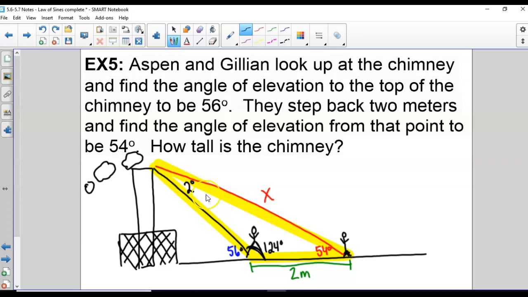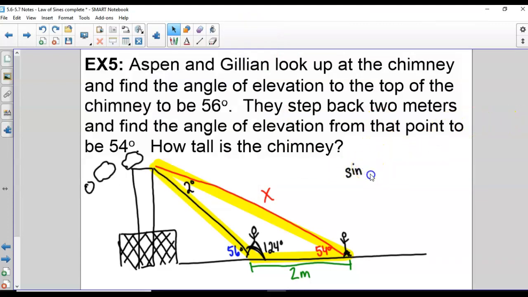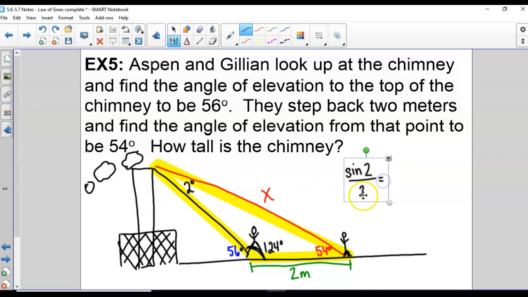So if we look at that big triangle, we could set up our law of sines. We'd have sine of 2 degrees over 2 meters equals, and then if I want to find x, I'm going to use sine of 124 over x. And so we're just going to solve for that x.